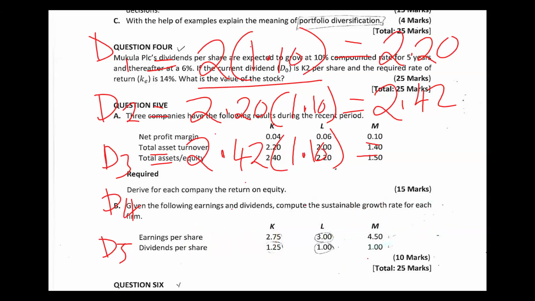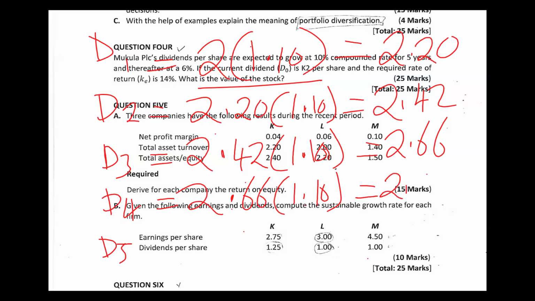We progress. What else do we have? 2.66. And so we shall have 2.66 growing at 10%. What do we have for the fourth year? 2.93.